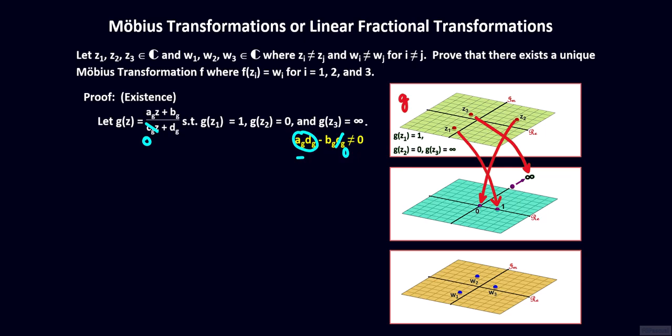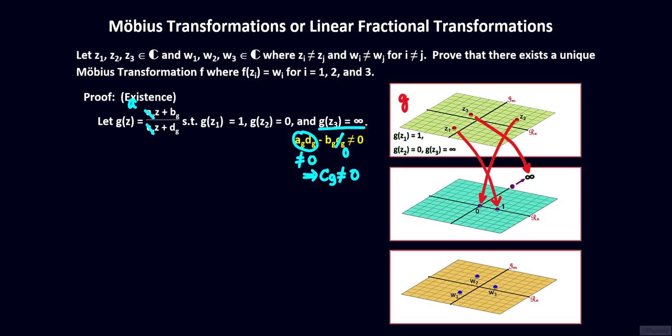Then a_g times d_g cannot be 0, so that d_g must be non-zero. And so, plugging in z3, we find that g(z3) is finite. And this contradicts one of the requirements for g. Therefore, c_g cannot be 0.